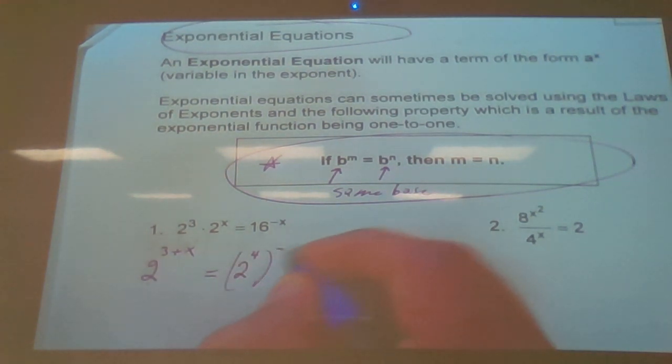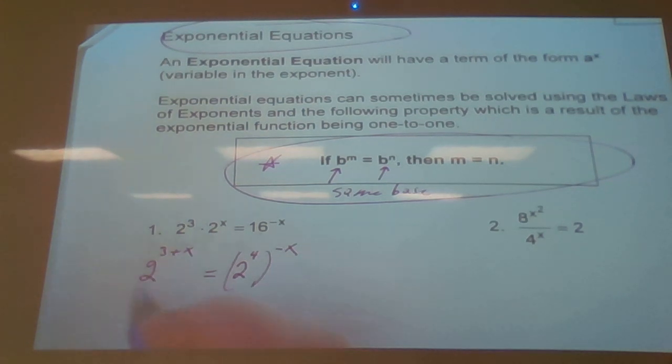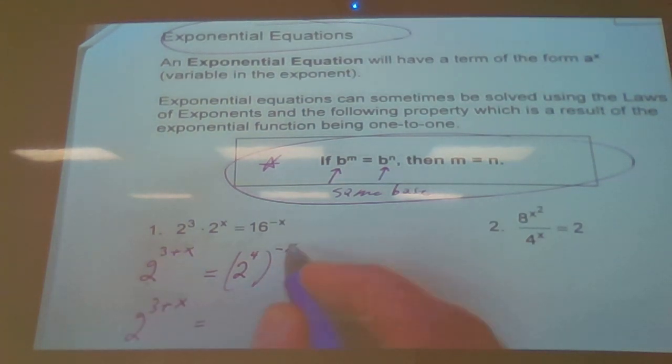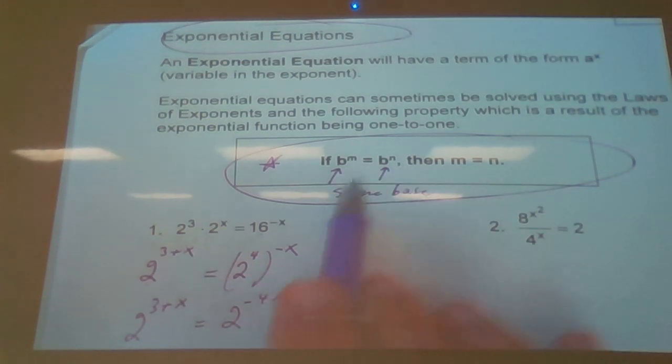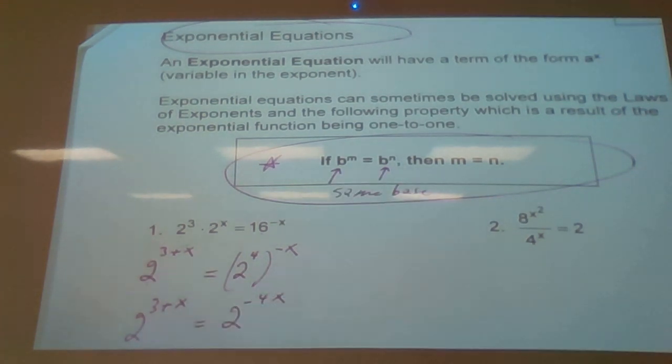And I still have this negative x. So I have 2 to the 3 plus x equal, power and power, you multiply, remember? So that's a negative 4x. So now we fixed it to where you can use this. Same base, equal sign. That means the 3 plus x is equal to negative 4x.